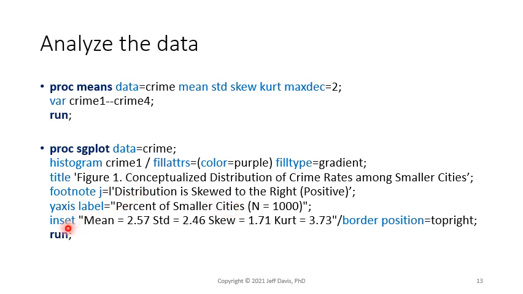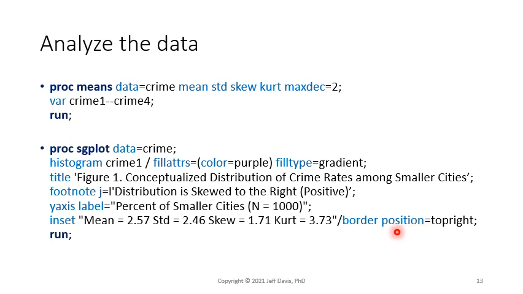And then for the inset, you want to give the actual mean, standard deviation, skewness, and kurtosis for the distribution, and you want to put this into the graph. And then for position, this is going to depend upon what your histogram looks like.